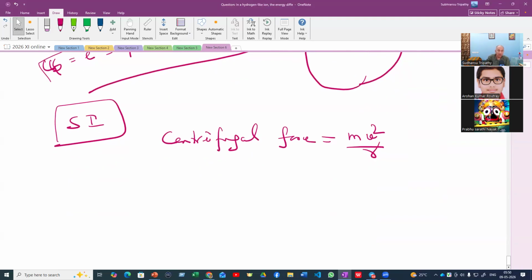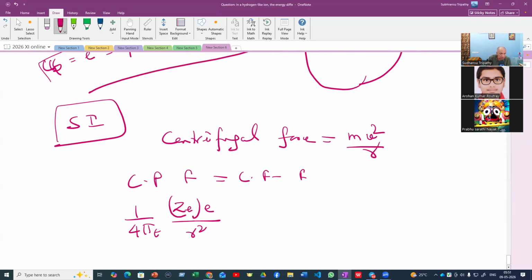Now, let us equate. Centripetal force is equal to centrifugal force. So this is 1 by 4 pi epsilon naught, and here Ze into e by r square, because one charge is Ze. Magnitude is same. Proton and electron have the same magnitude. Z is the nuclear charge. So Ze is the nuclear charge, and only one electron, e. So that is equal to the centrifugal force, mv square by r always.